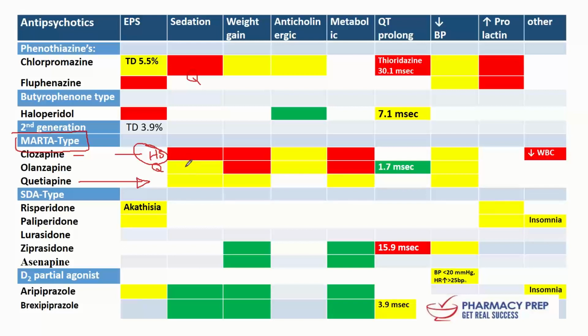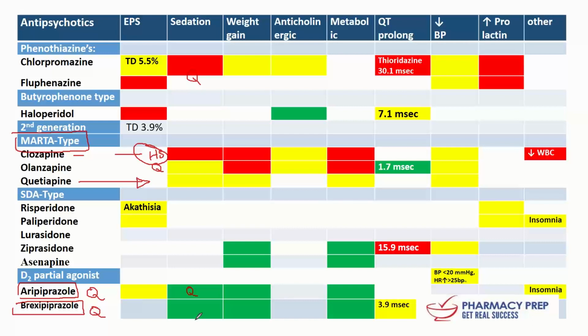And if it is not tolerable despite changing the timing, then eventually the patient has to be switched to another drug that has less sedation side effect, which is all these other drugs, especially aripiprazole and brexpiprazole. If you're switching, these two drugs have a very low sedation side effect. Again, I mark it as a cue here. So if you're switching to them, that could be a good switch.